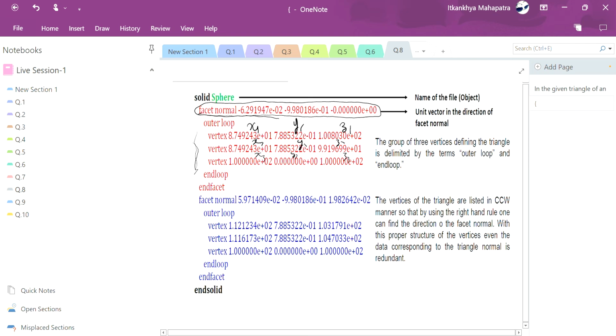So this group of three vertices defines the triangle vertices, and these are between the outer loop and the end loop. What we want to show is that this facet normal, the unit vector normal, is redundant. That means even by using the right hand rule, we can find the direction of the facet normal. So given this in the ASCII format, we have to show how it is redundant. The process for this is like this.